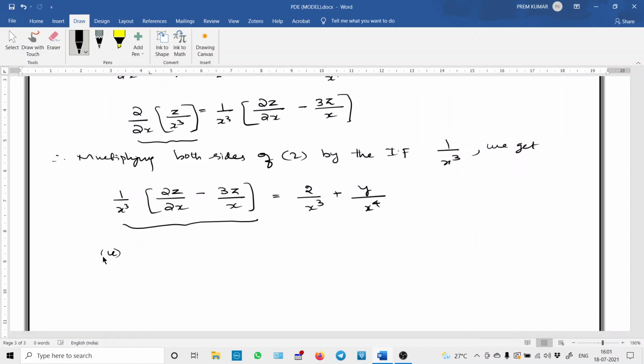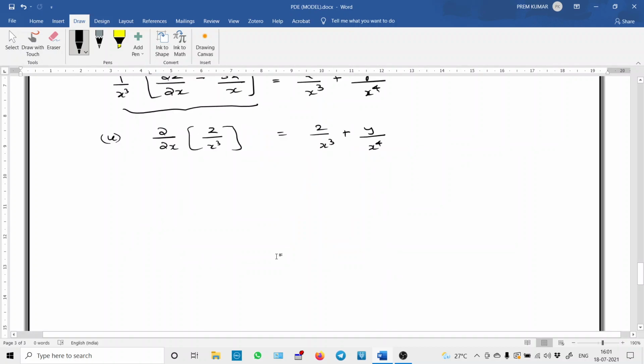It is for that purpose only that we multiply by 1/x³. This quantity is nothing but ∂/∂x of (z/x³), which equals, keeping the right hand side as it is, 2/x³ + y/x⁴. Now we can easily integrate both the left and right hand sides. That is why we call 1/x³ an integrating factor.